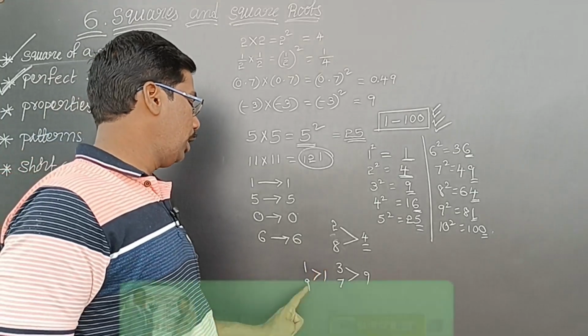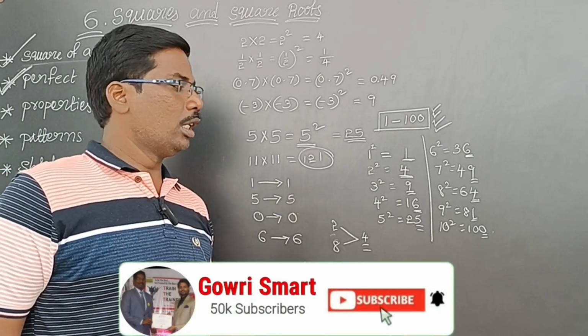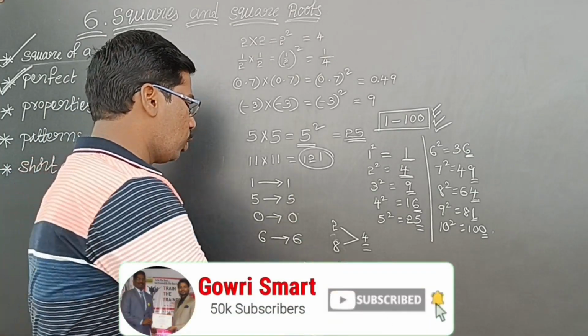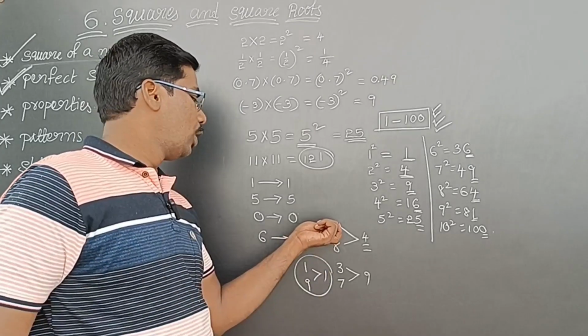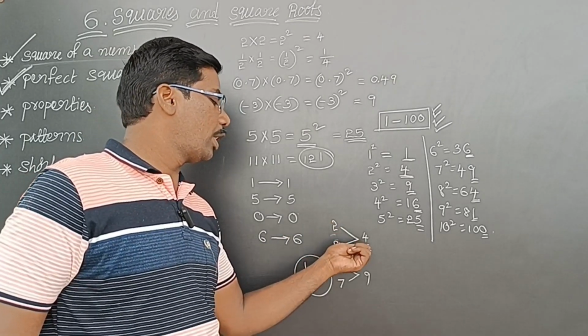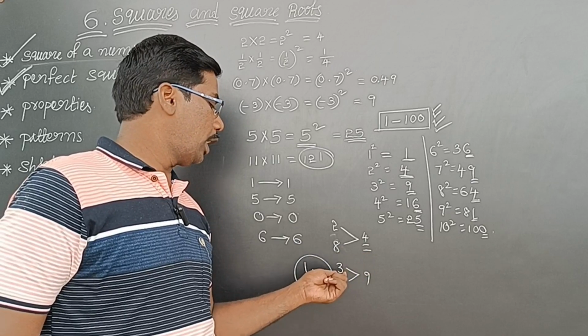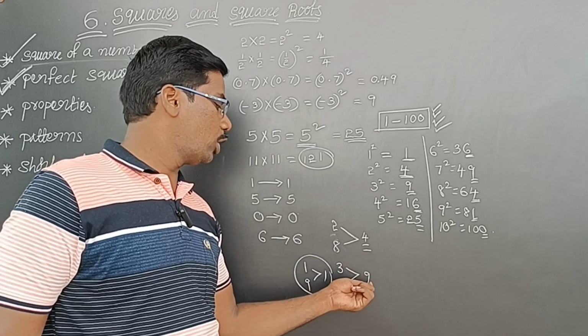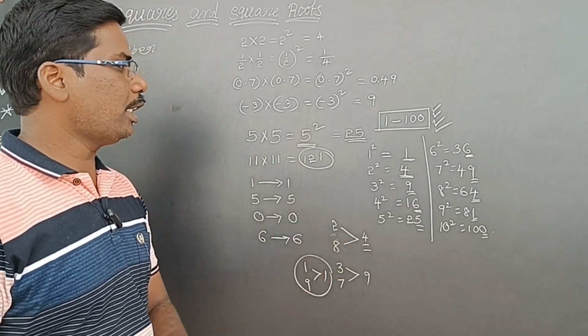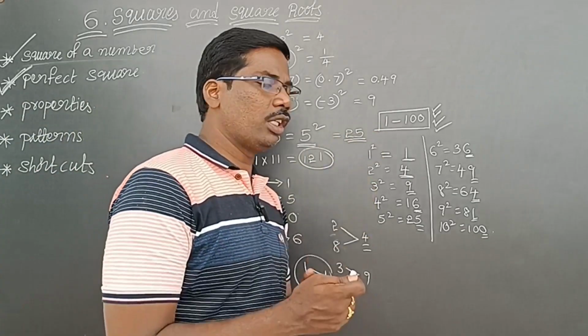So 1 square you will get 1, 9 square also you will get 1. So now see here. These are no problem. But these 2 and 8, if you square, then you will get 4 in the units place. Then 3 and 7, if you make square, then in the units place you will get 9. These are the basic important properties you have to get from 1 to 100 squares.